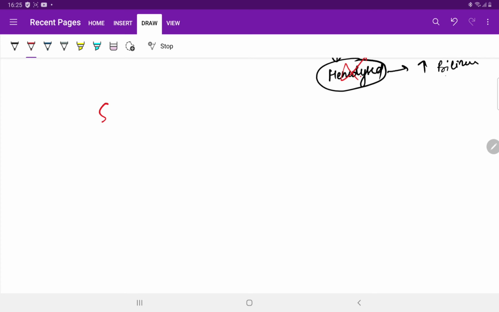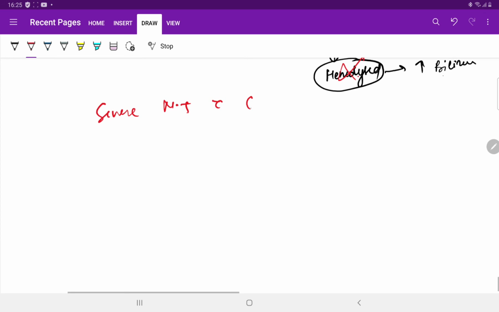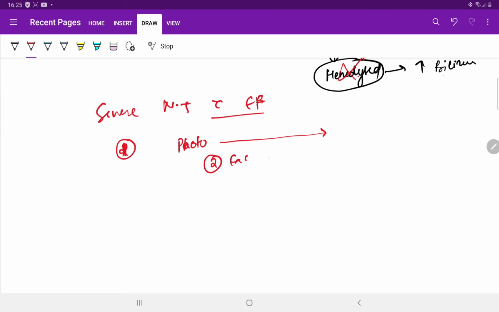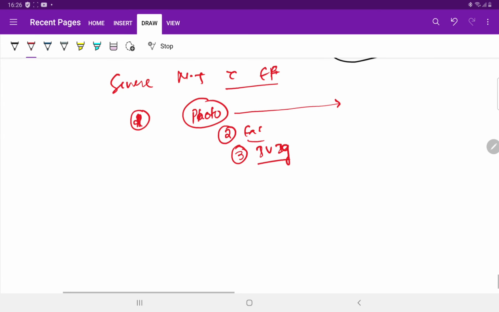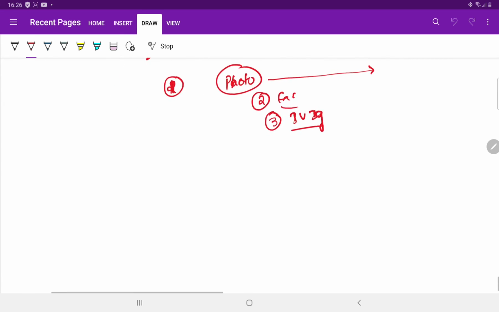So in a case of severe neonatal jaundice with erythroblastosis fetalis, how would you treat it? We generally start by treating with phototherapy, and it keeps on continuing. Along with that, we do exchange transfusion, and the IVIG treatment goes along with it, but phototherapy is the mainstay of treatment in neonatal jaundice.